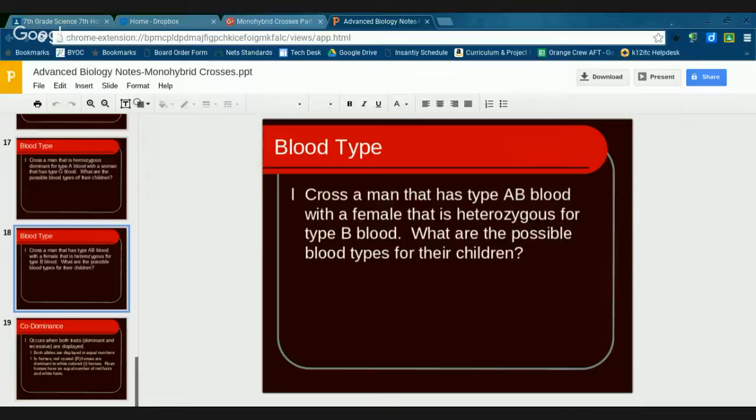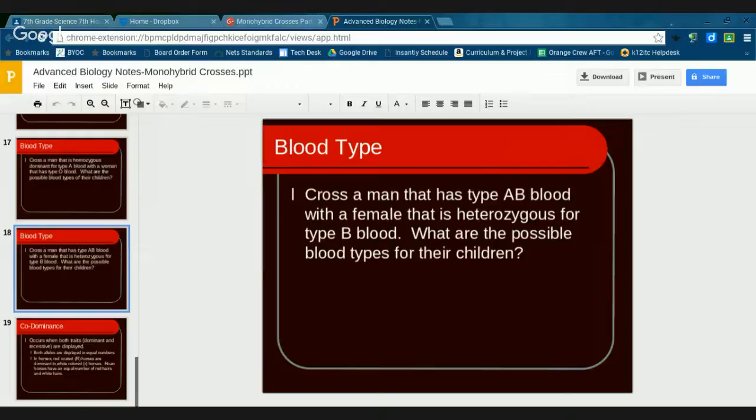The kid on the top right has a genotype of BB, so they're homozygous dominant for B. So that means they can also produce kids that have type B blood. The kid in the bottom left will also be AB.